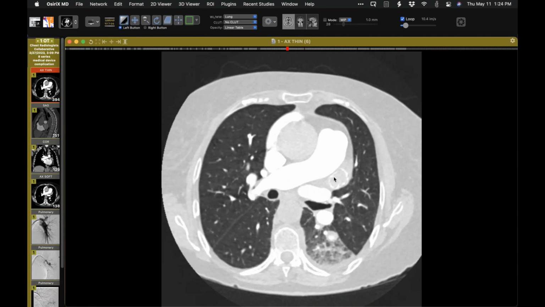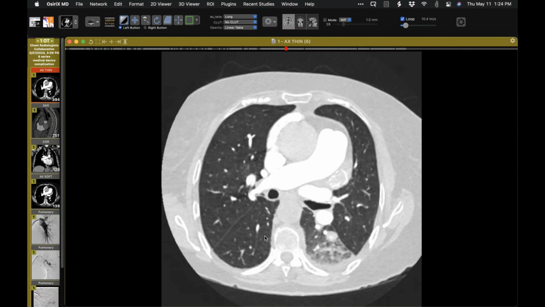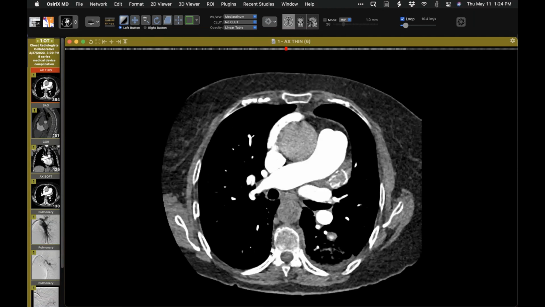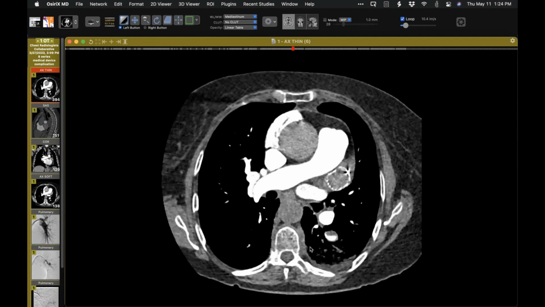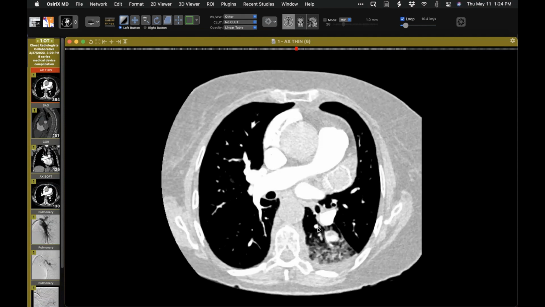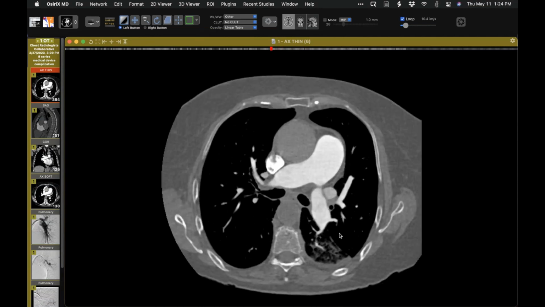And this is a Watchman device, which is a prior event. And then the resident correctly saw this and said, hey, wait a minute, there's something really wrong here. So let me just fix that up a little bit, and let's connect that up and follow that to the pulmonary artery.